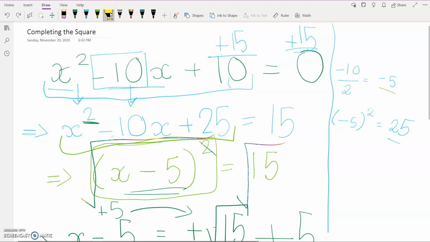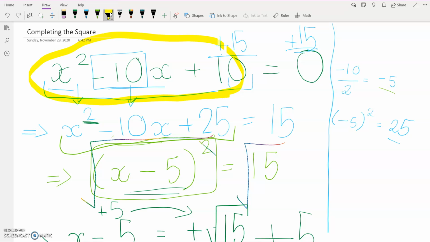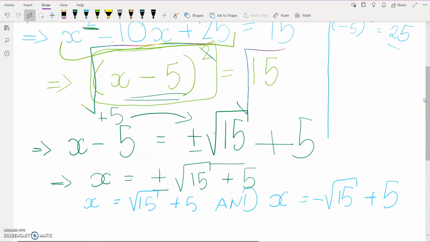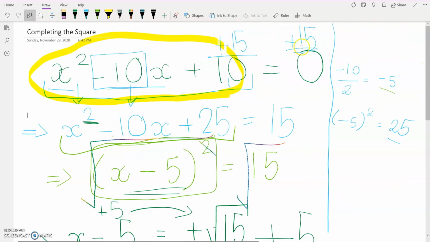The entire concept is rewriting this thing on the left, x squared plus or minus 10x plus 10 or whatever you're given as your original equation, as an expression that can be rewritten as a linear term whole squared, and then you can just simplify it by taking the square root of both sides and rewriting x as the positive square root of something plus something, and a negative square root of something plus something. So that's how completing the square works.